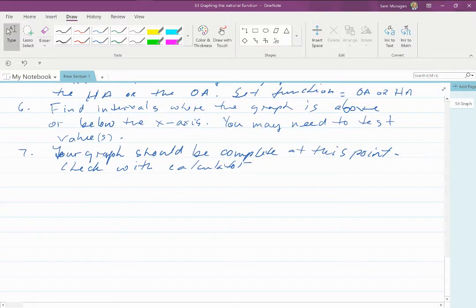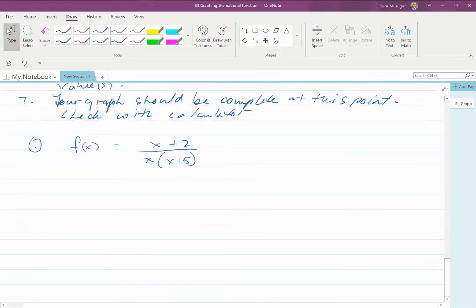So what we want to do here is go ahead and do an example. f of x is equal to x plus 2 over x times x plus 5. And I'm going to put an axis down here that we're going to graph on.